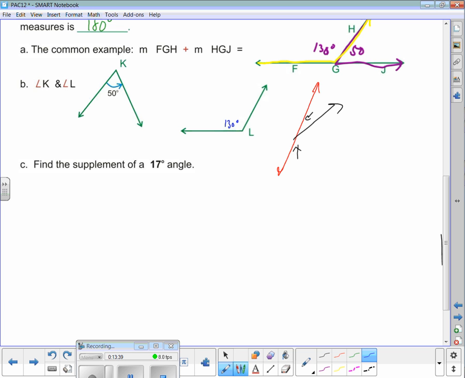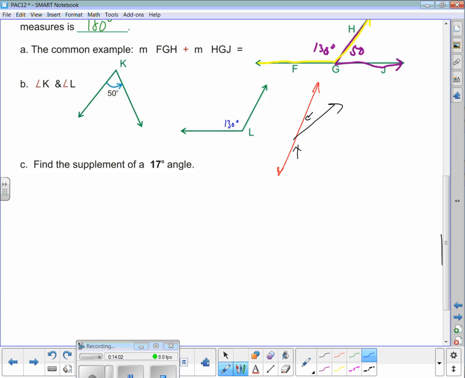No, because you'll always be over 180. So supplementary angles must always be either one acute and one obtuse, or, anybody know the other possibility? Two right angles, right? Is the only possibility. How about complementary? Can you have one acute and one obtuse and then be complementary? No. It's got to be two acute, right?